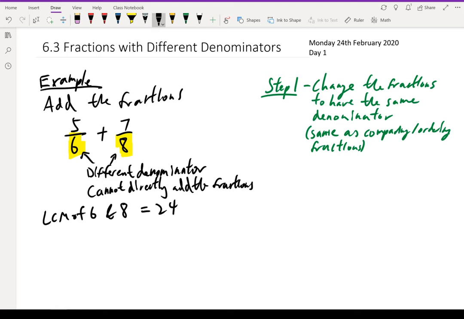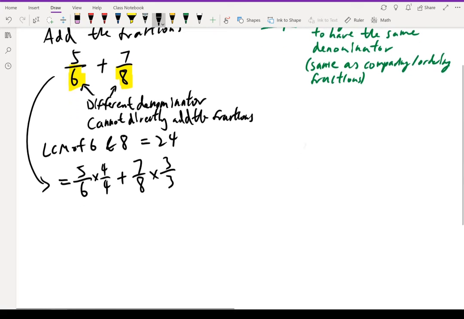So if the LCM is 24, I have to change it, so 5/6 equals... how do I get from 5/6 to over 24? I need to multiply this fraction by 4/4, plus 7/8, and I need to multiply this fraction by 3/3 in order to get it to be over 24.